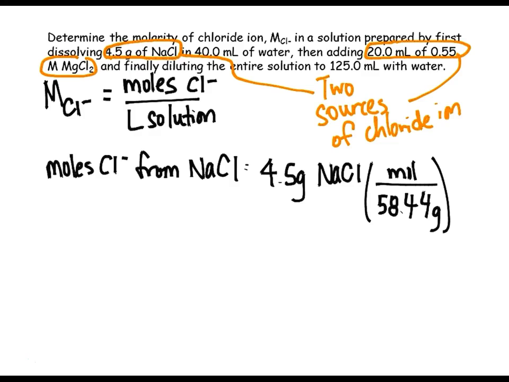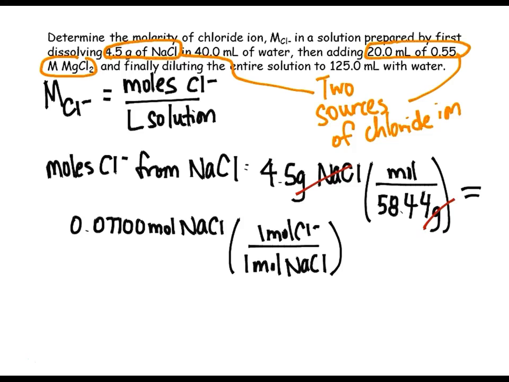So moles of chloride from sodium chloride, we convert sodium chloride from grams to moles using the molecular weight or formula weight of sodium chloride. And we get 0.07700 moles of sodium chloride. Now you can see that the grams cancel, just like last semester, right?